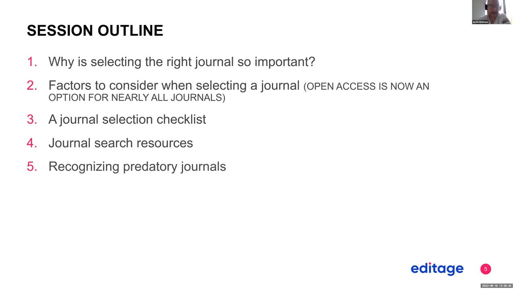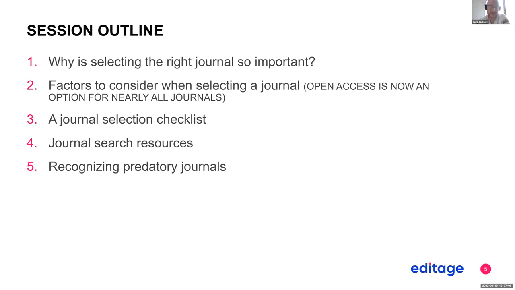And I wanted to touch upon how to recognize predatory journals. Unfortunately, there are hundreds, maybe even thousands of predatory journals that have sprung up over the years. And I'll teach you how to recognize which ones are predatory journals and which are not.